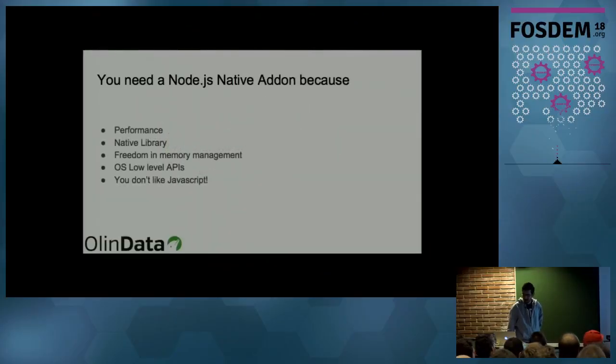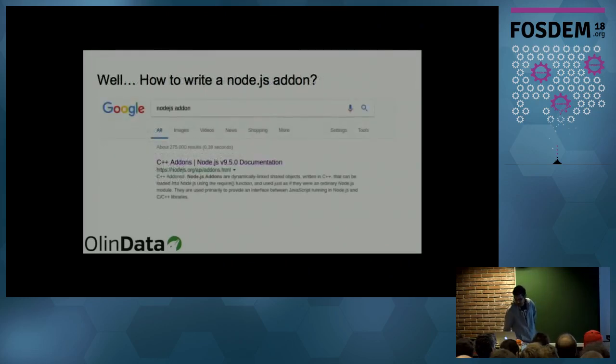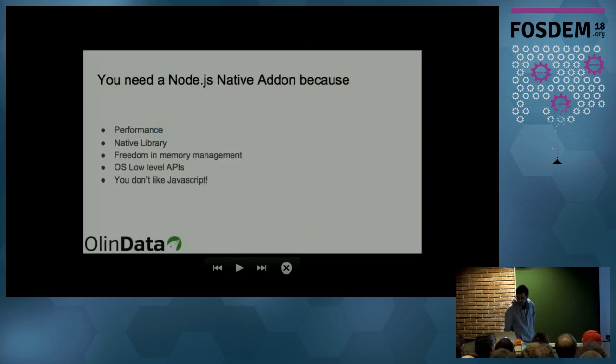Yeah. So, you need a Node.js add-on. Well, it's kind of fast. Because you might need more performance in Node.js. Or you have a native library that you want it to be used in different languages.